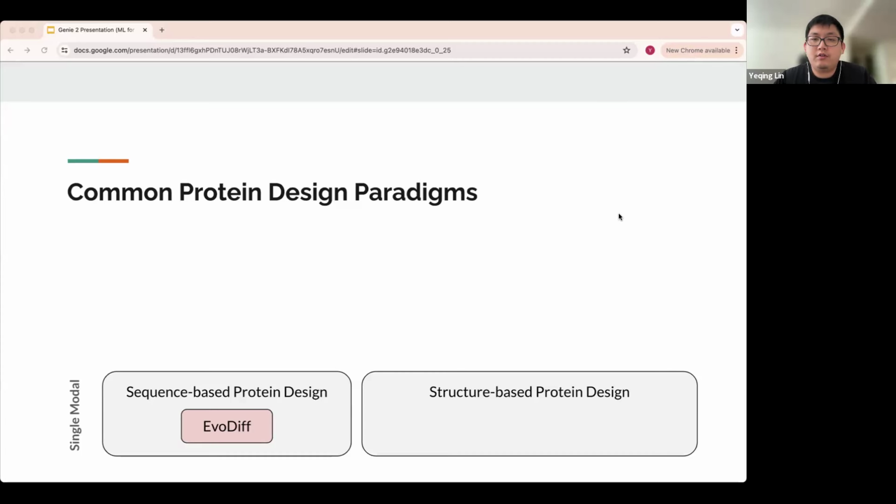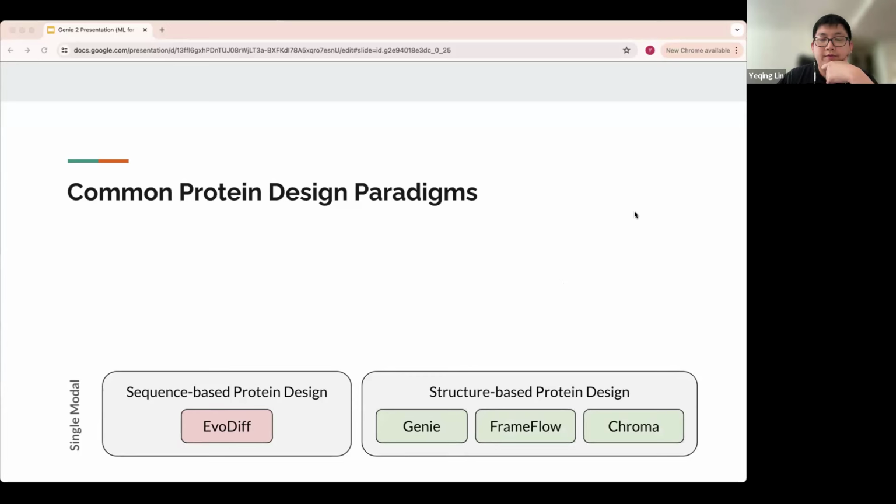Some of the models that fall into this paradigm include our previous model, Genie, and also FrameFlow and Chroma, and there are more to mention. These models are sequence agnostic, and what they focus on is modeling the foldable protein structural space.